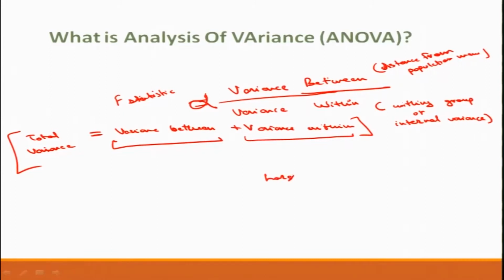So, there can be three cases. One is the numerator is large, denominator is small. Other thing I can say, these are similar. Third case is this is small and this is large.